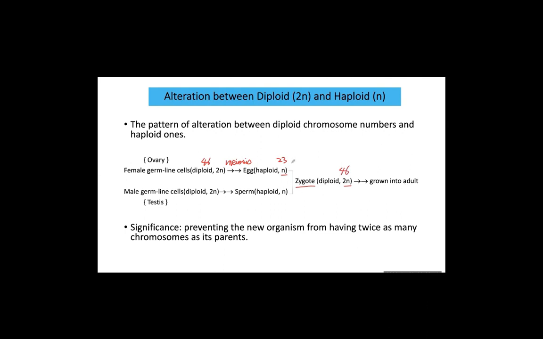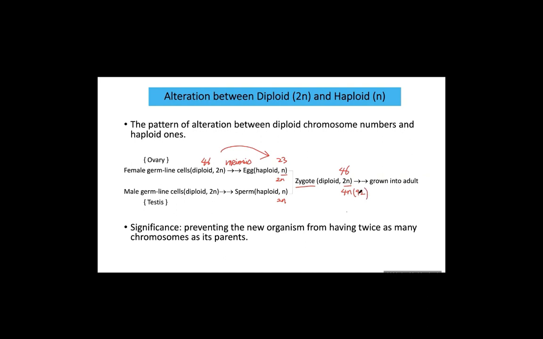Why does the chromosome number need to be reduced in half? Think about that. After meiosis, if the chromosome number is not reduced, maybe maintained at 2N, the same thing in the male germline, 2N, then your zygote will have how many? 4N. So in other words, 92 chromosomes inside the cell.